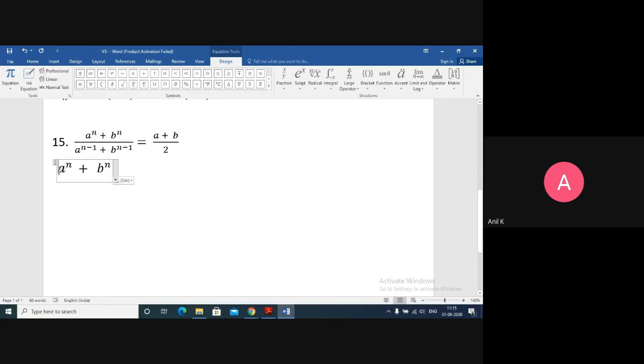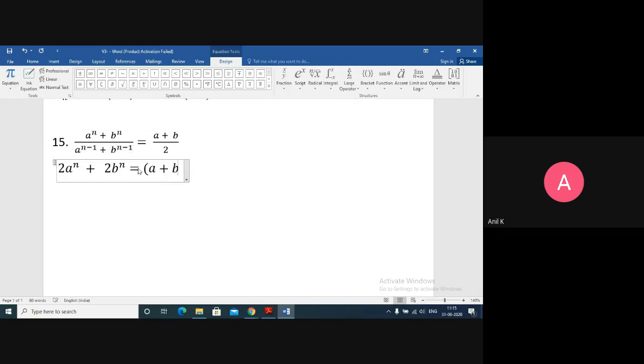You will get 2 times a to the power of n plus 2 times b to the power of n is equal to... what I do here is I will multiply. Let me do one step. Maybe we are doing a shortcut.